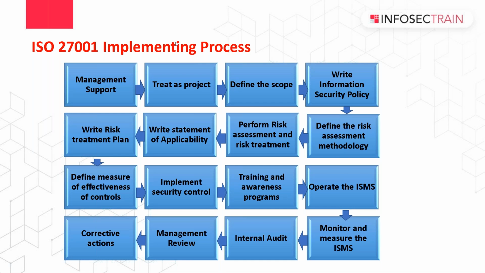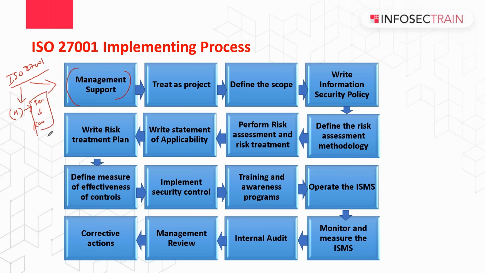So what I have done is create a small chart which talks about the implementation phases. We have a step-by-step approach. My first step is management support. Unless your management decides, yes, we want to go with ISO 27001, and yes, we are going to help you in that, we are going to set up a team, we are going to have a certification on that as well.